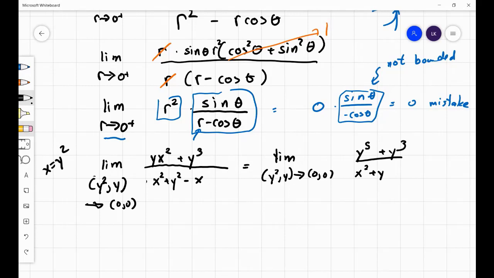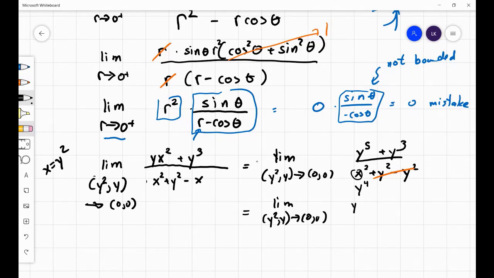And so notice here that if we replace x with y squared, we do have a nice cancellation. And now we can reduce this to... something went wrong. Oh, I forgot to replace this x with a y, so that would become y to the power 4. My bad.